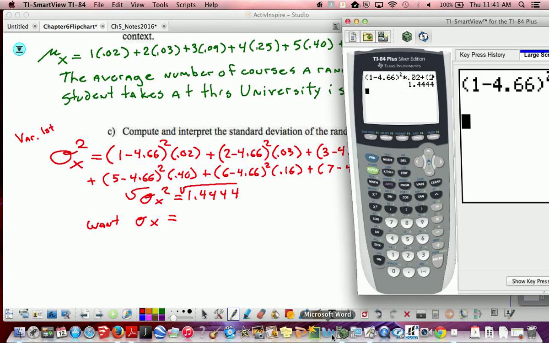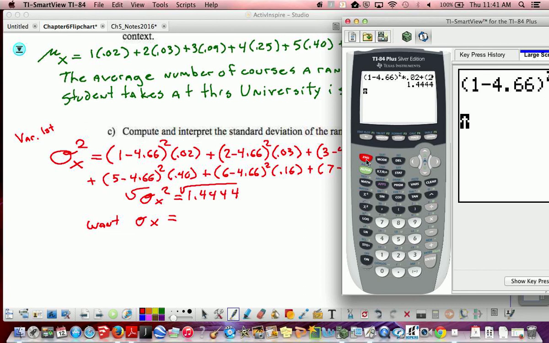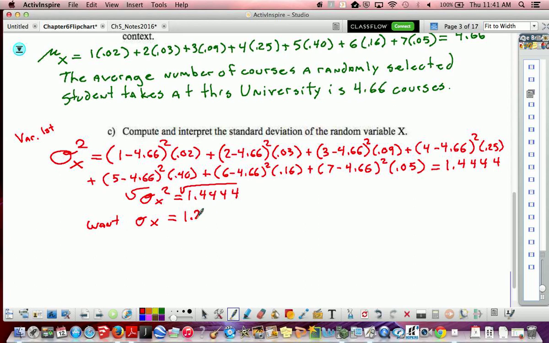On my calculator I go square root of my answer, hit enter, and I have my standard deviation. You can decide how many decimal places you want to go out. 2? Okay, so we can say 1.20.